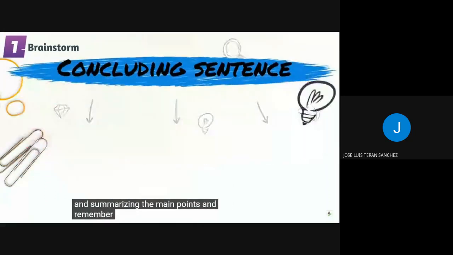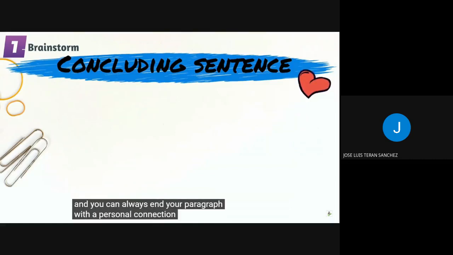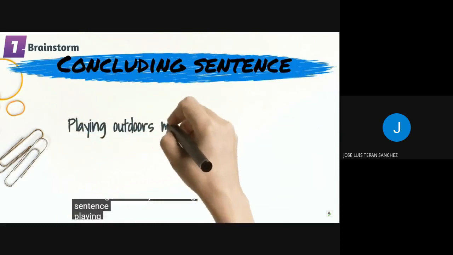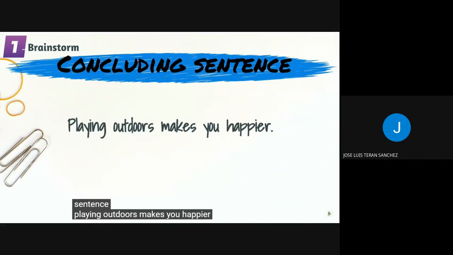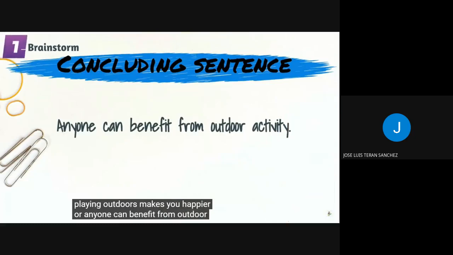And remember, do not add any new details in the concluding sentence. And you can always end your paragraph with a personal connection like your opinion or feelings. This is my concluding sentence: Playing outdoors makes you happier, or anyone can benefit from outdoor activity.